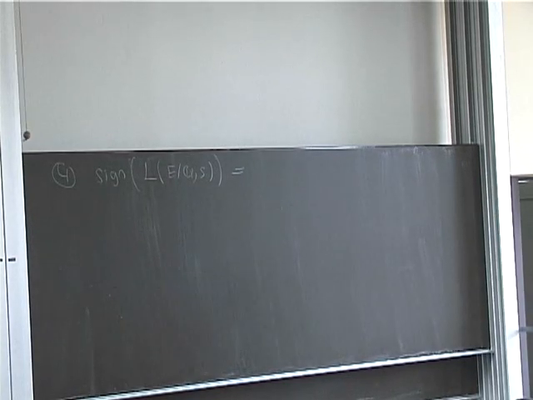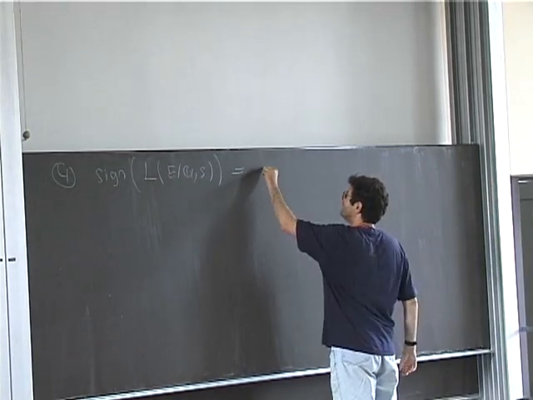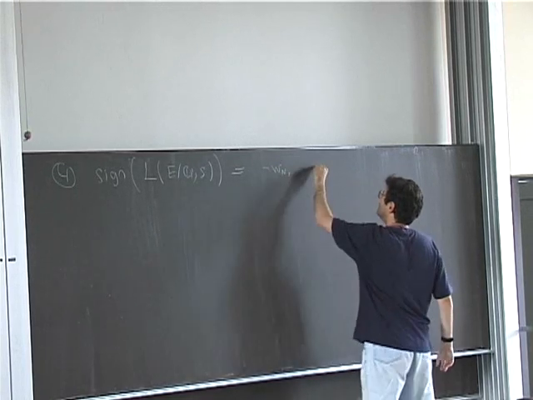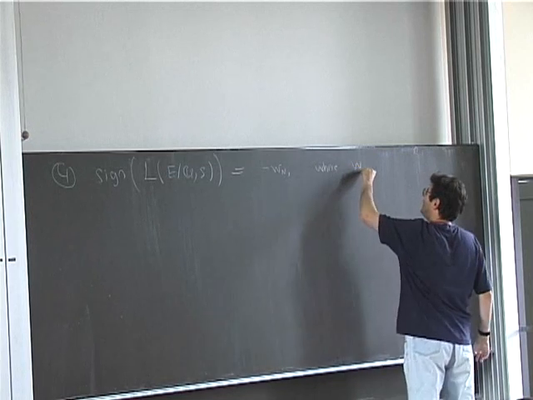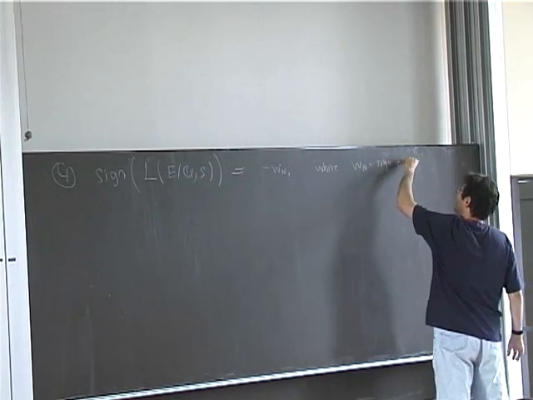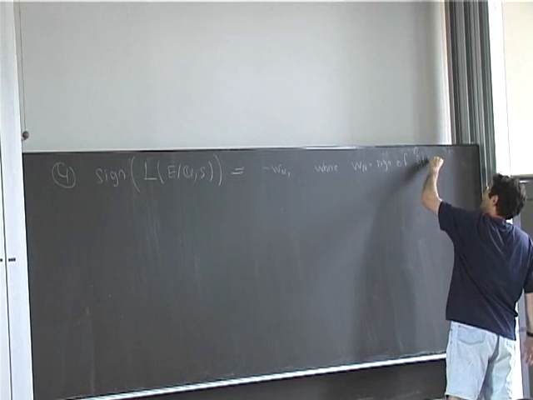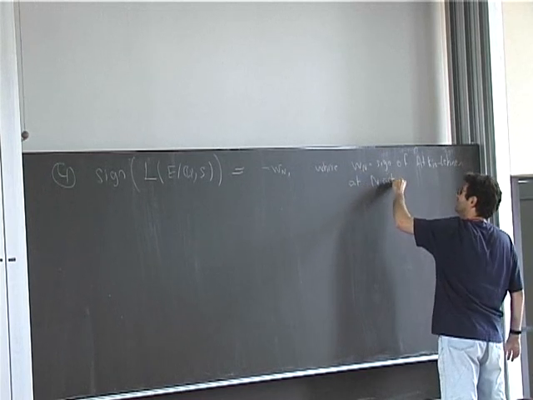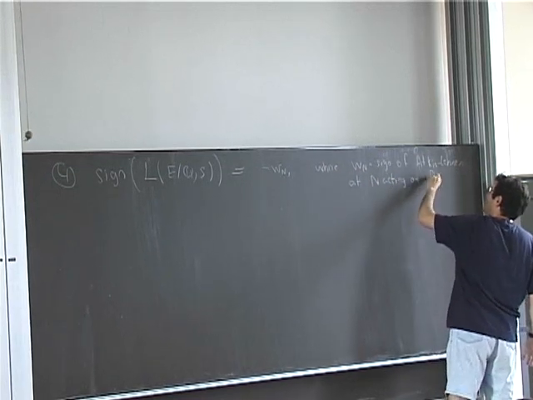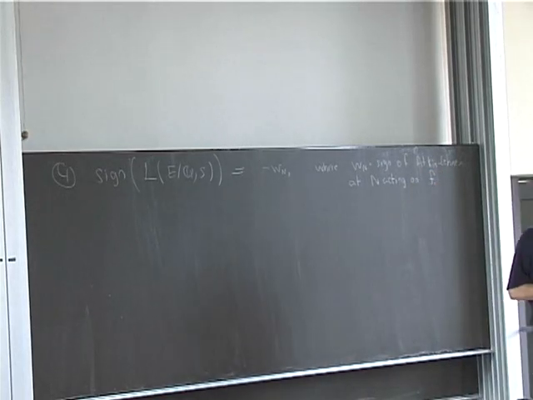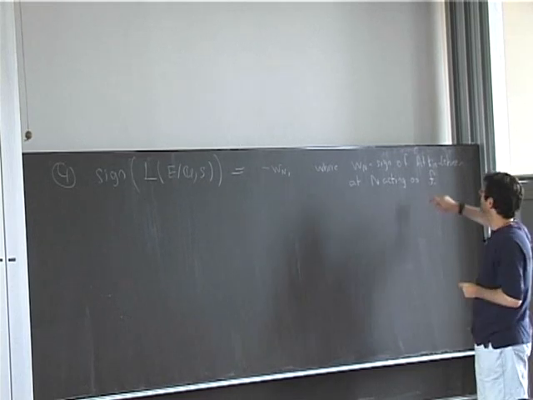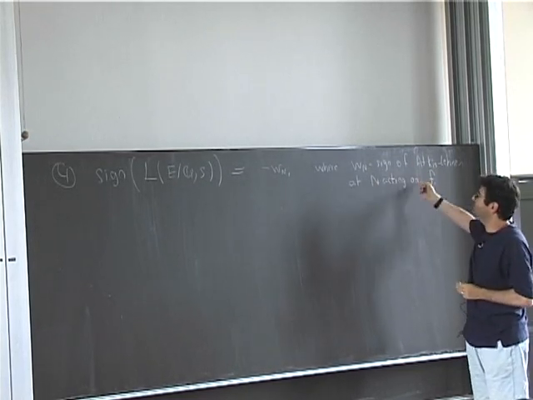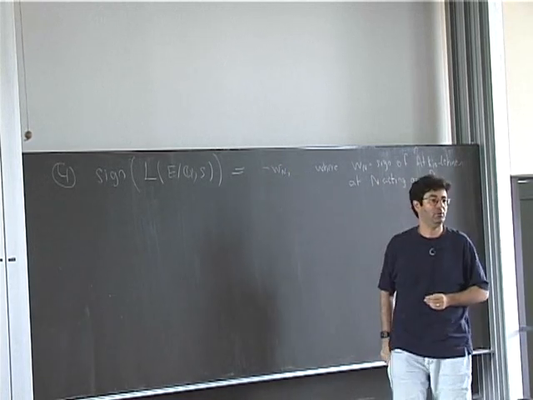It's minus w_N, where w_N is the sign of the Atkin-Lehner involution at N acting on the modular form f associated to E. So you have some involution on the modular curve, which we already used last week, corresponding to N, and f is an eigenvector for this involution, and the sign that you pick up is the negative of the sign of the functional equation.